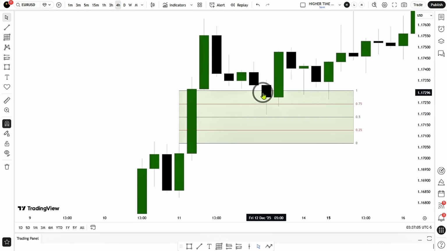So now here you can see price has traded inside the upper portion, the first quadrant and the second quadrant of the premium prices, but we didn't tap the 50% of the fair value gap. That means this gap can still be used next time when price has to go below this 50% of the fair value gap.